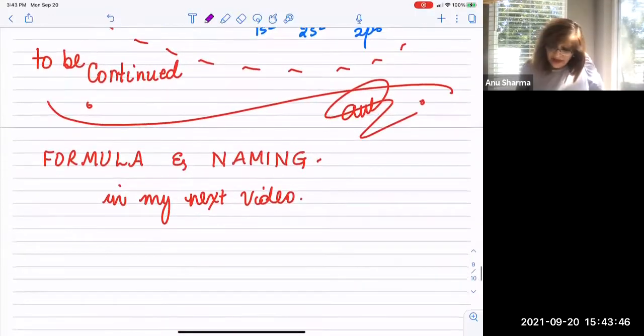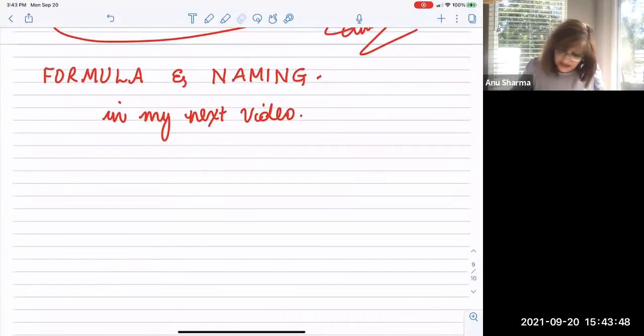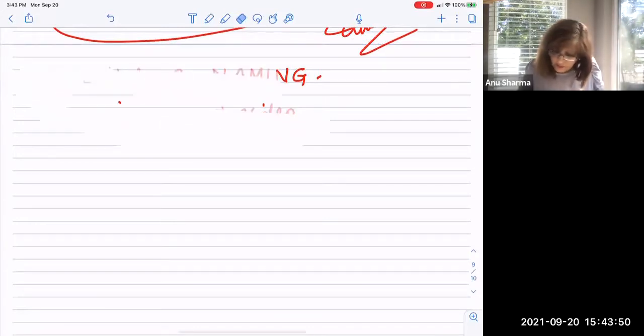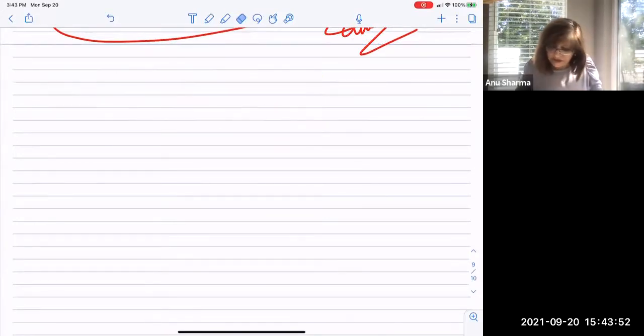Now we already talked about how the ionic bonds are formed and the orbital diagrams, and now we are looking at writing the formulas and the names. So let's start that now.